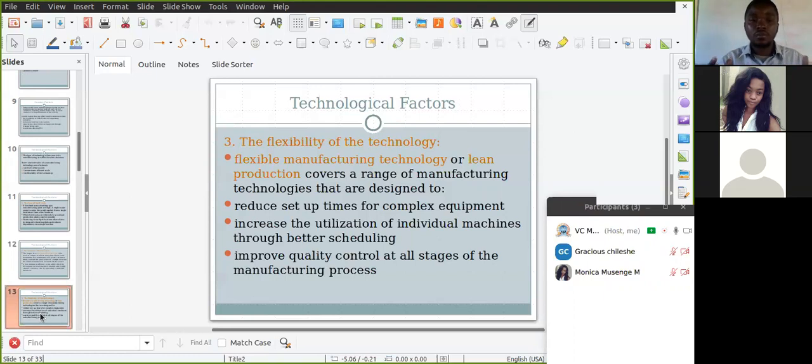So we see that flexibility simply means that you are able to shift when people change from one product to another, your machines should be able to accommodate that change.